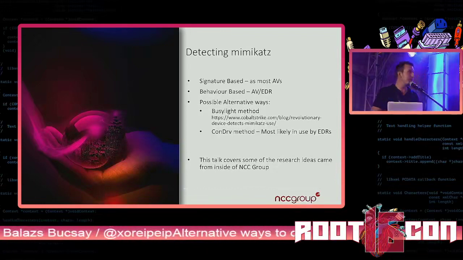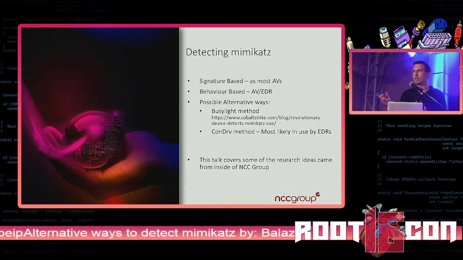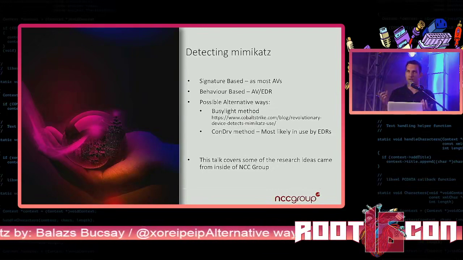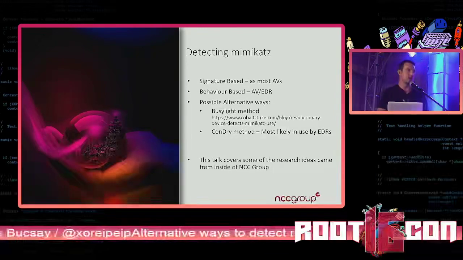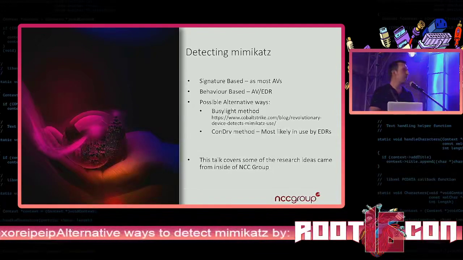That's obviously easy to bypass if you know what that binary string is. You can find it in your binary and patch it out in different ways. Sometimes it's a string, sometimes it's a set of instructions, but it's quite easy to defeat this detection.